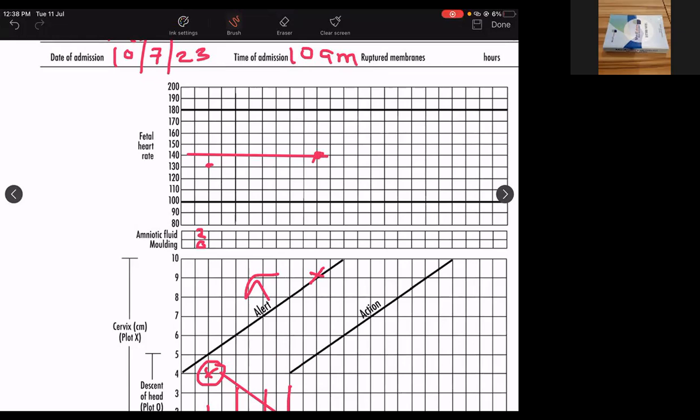Now when you did another VE, you found out that the membrane had ruptured and the amniotic fluid was clear. Molding was 3 pluses, or let's say 2.